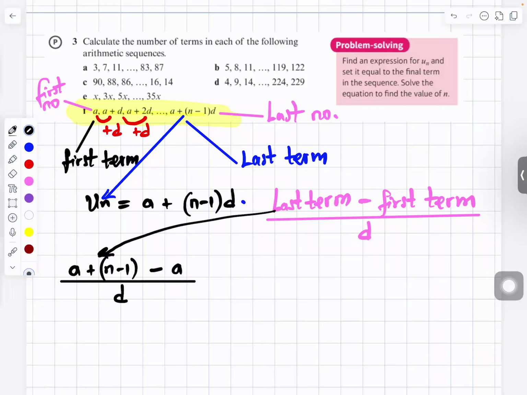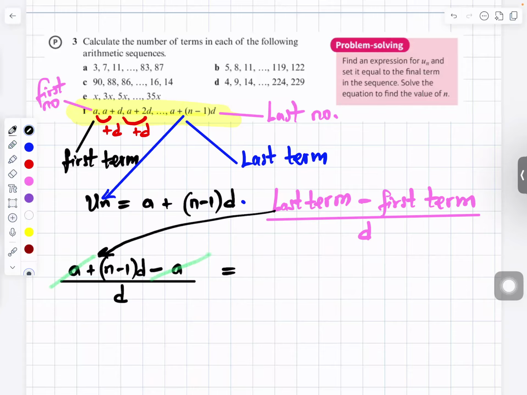So the last term, A plus n minus 1 D, let's not forget this D out. n minus 1 D. So if we start to simplify this, A minus A will disappear.